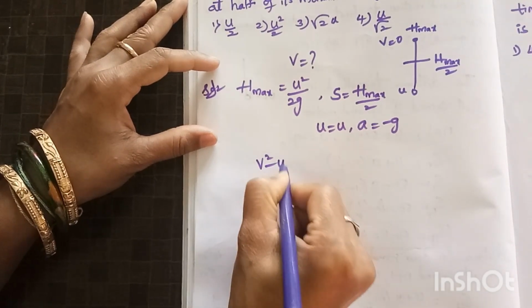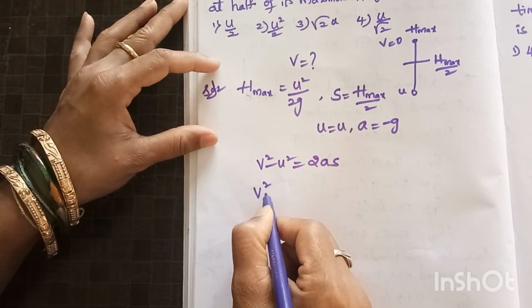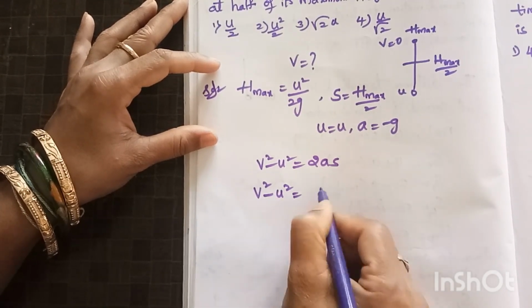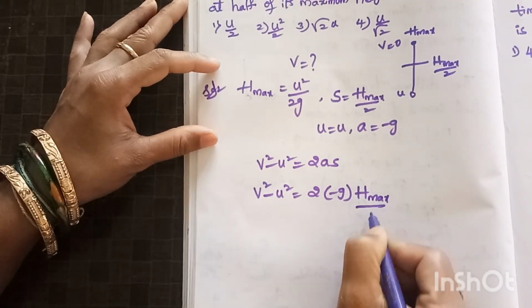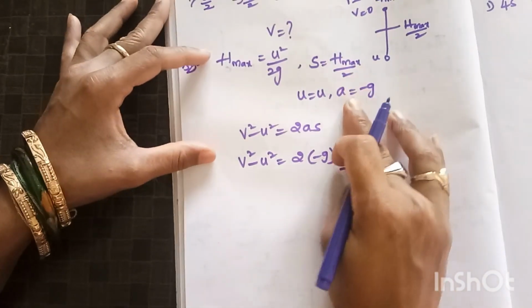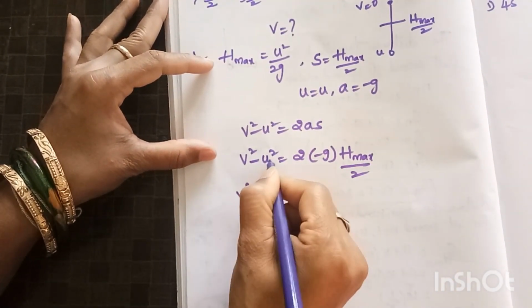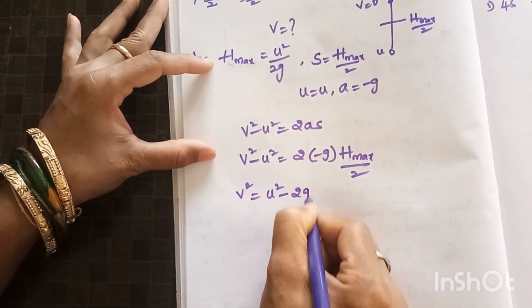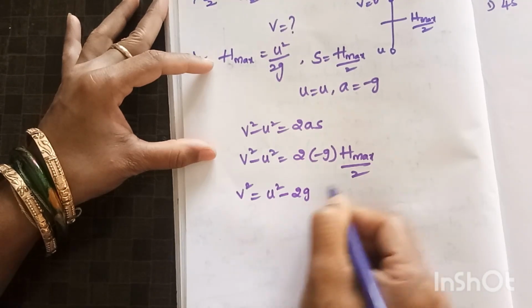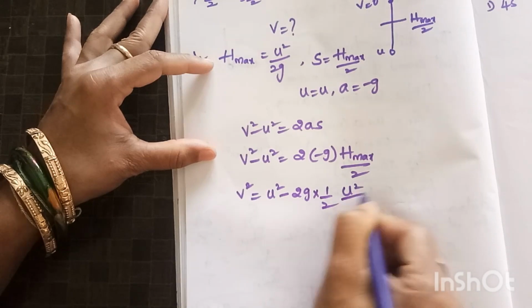V square minus U square equals 2aS, so V square minus U square equals 2 into minus g into H maximum by 2. Substitute H maximum as U square by 2g. Sending minus U square to the right-hand side, it becomes plus U square.